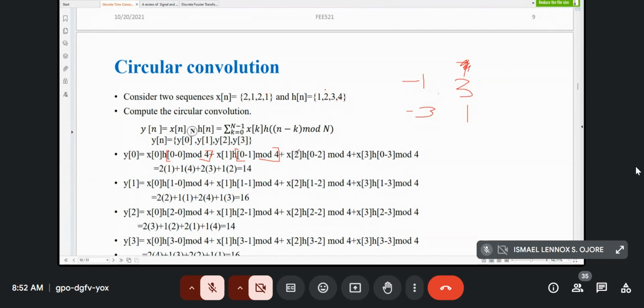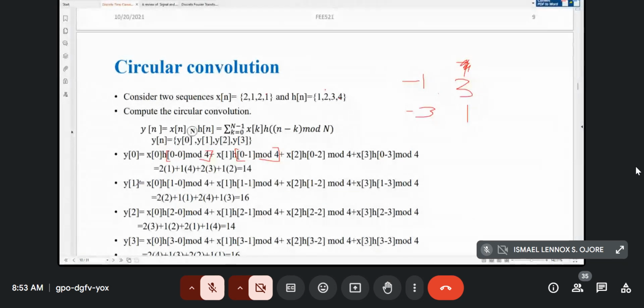So that is that. So we do that for y of 1. It will be the same. You're just multiplying x of k. So for y of 1, you move again from k is equal to 0 to k is equal to 3. Then again, you use that value of n.